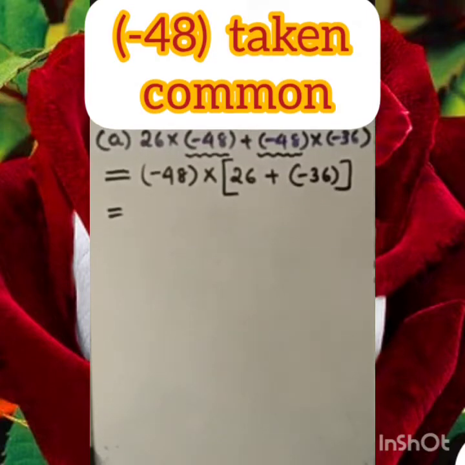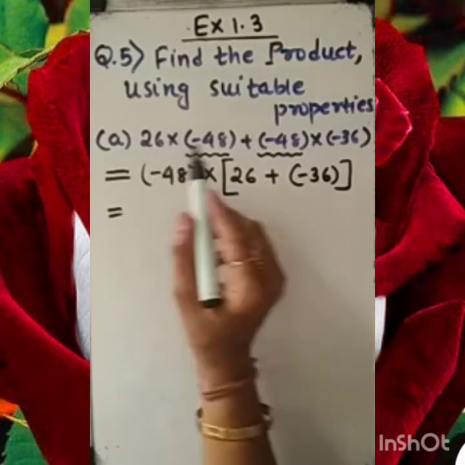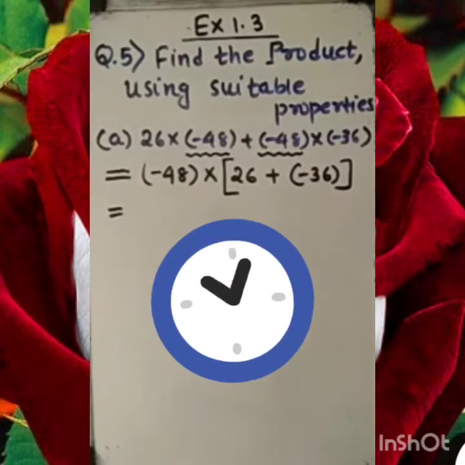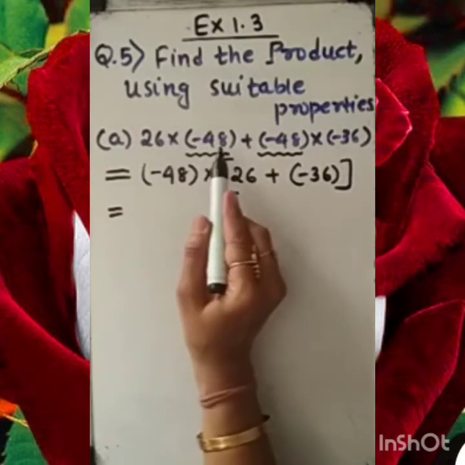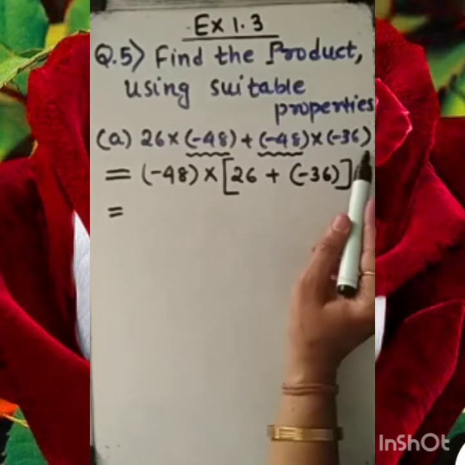Once again, -48 I have taken common, so from the first part, what will be left with us? 26 is left. I am explaining again, wait for a while. I am reading the question again: 26 into -48 plus -48 into -36.